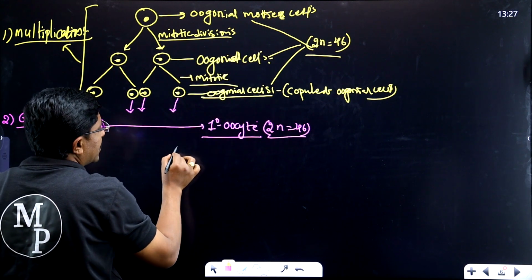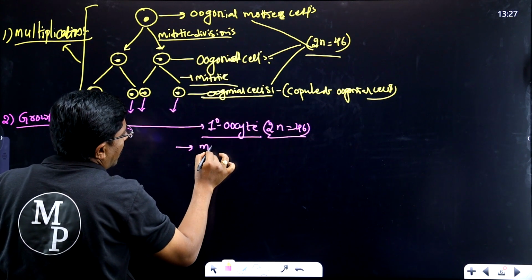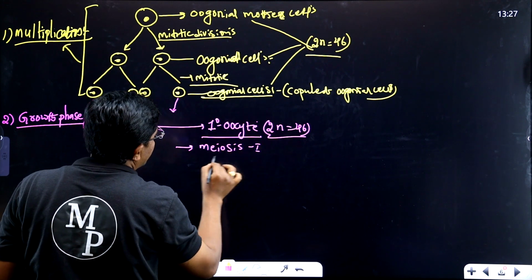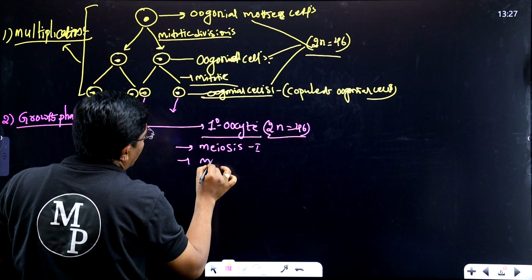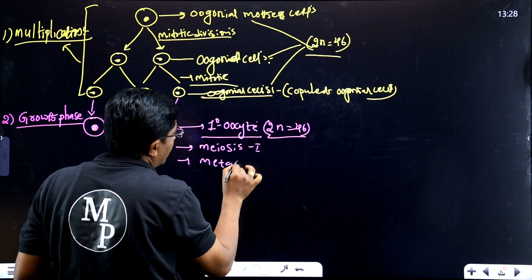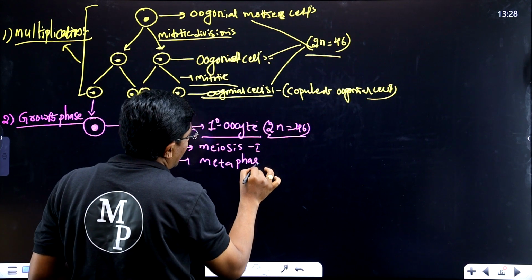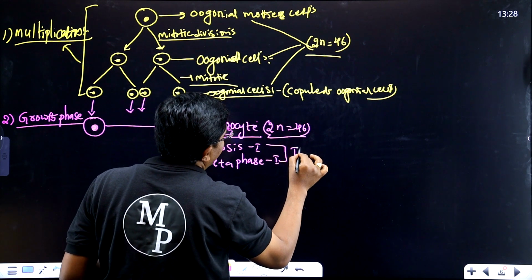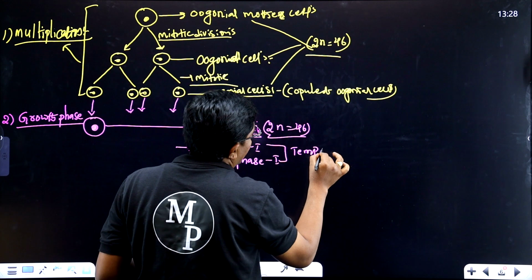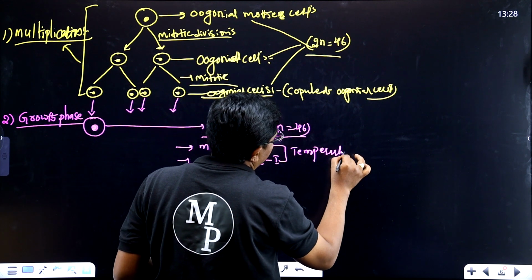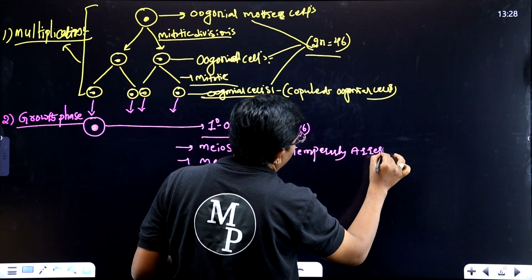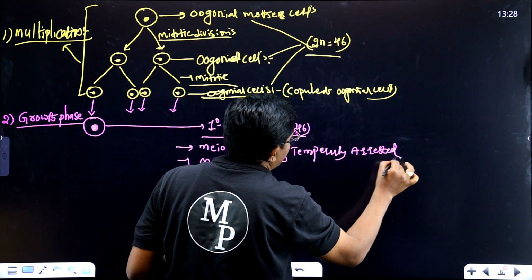The primary oocytes are temporarily arrested at metaphase 1 of meiosis 1.